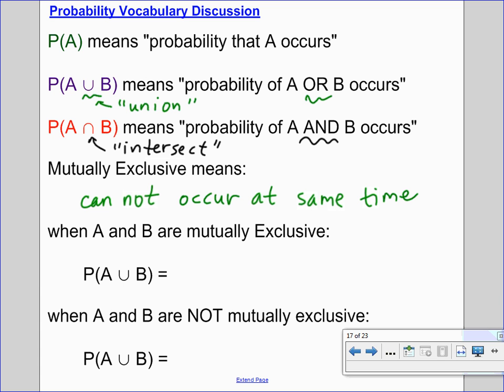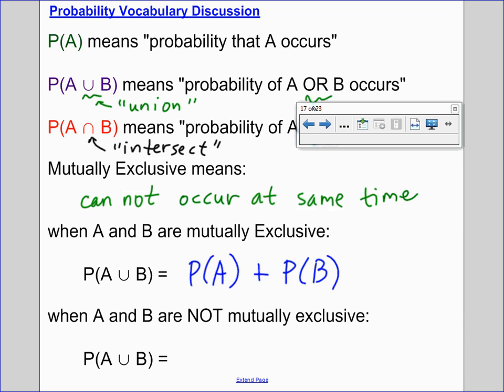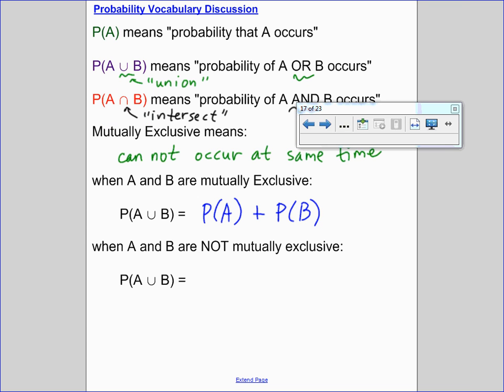All we do is sum together the individual probabilities. When A and B are not mutually exclusive, that is when they're overlapping, calculating the probability that A or B occurs is also easy. We still sum together their individual probabilities. We just subtract off that overlap. That is when A and B occur at the same time. So we subtract off that intersection.